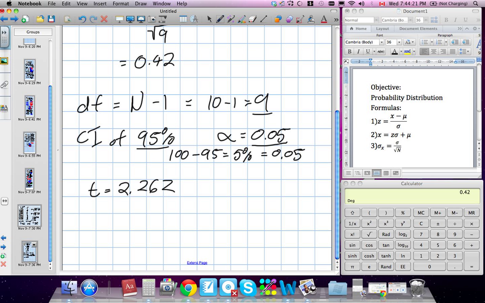So right now we're looking for the margin of error. Margin of error is like the standard error we were solving for in the questions before. So they just use this to represent it. They say the standard error is our margin of error.